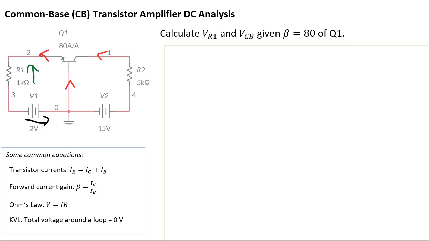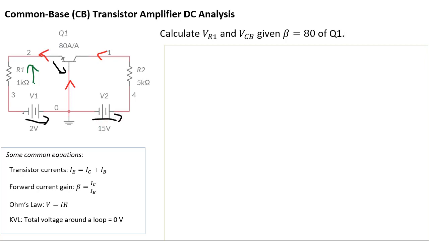Down here for the V1, we have a voltage that is pointing that way. And then finally, we have a VBE. Since this is an NPN transistor, and we are assuming the transistor is in forward active mode, the VBE junction is going to be positive this way. Similarly on the right, we have the voltage of V2 in that direction.